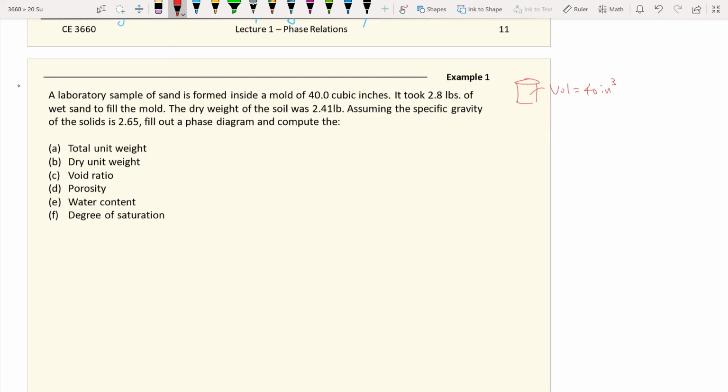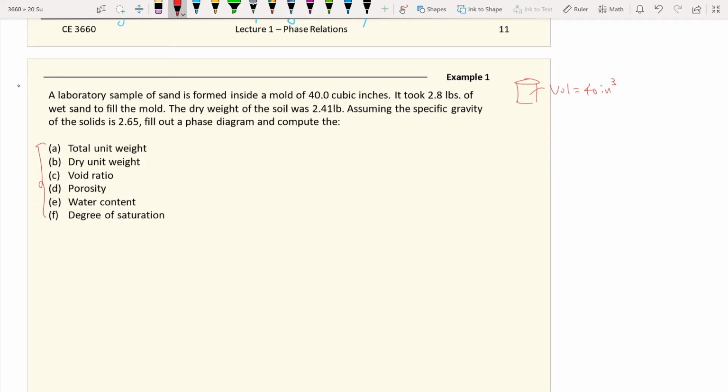You take out the sand, put it in the oven and dry it. You get 2.41 pounds, and you assume the G sub S, the specific gravity, is 2.65, and then it asks you to solve for all these parameters right here.